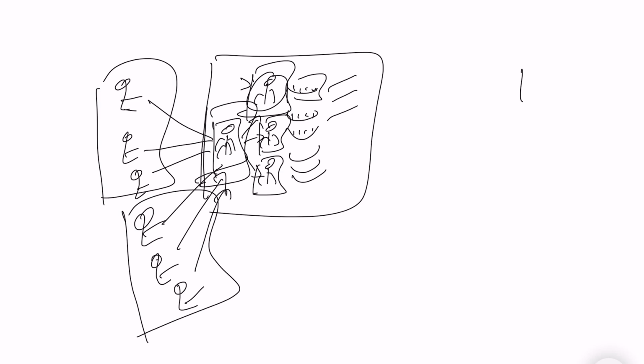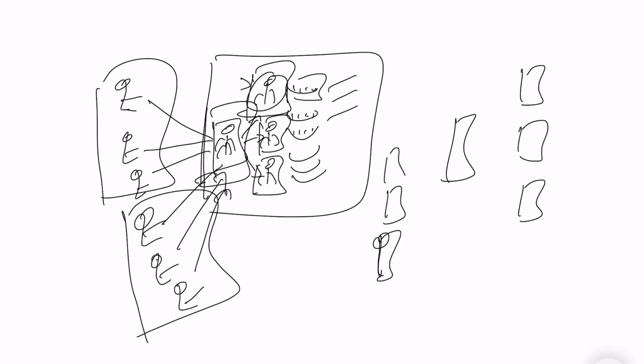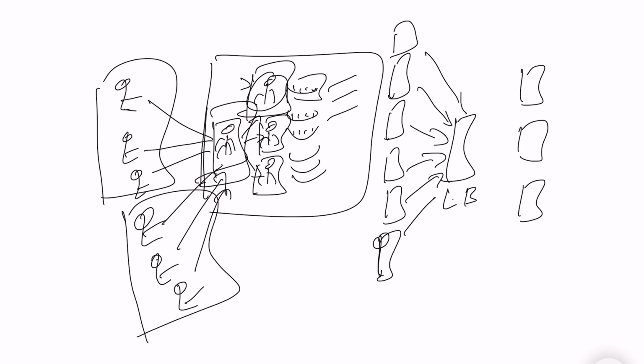So if you take this analogy in terms of servers and a LB, all your requests which are hitting from your, let's say, mobile apps, are going to a load balancer, and this load balancer is actually load balancing all the requests to different servers.